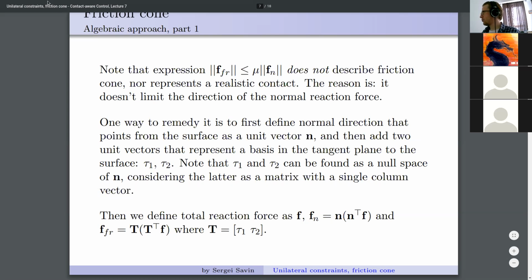So the dot product will give you a coordinate. Then you multiply it back by n, and you get a vector in the original space, and this vector will be Fn.